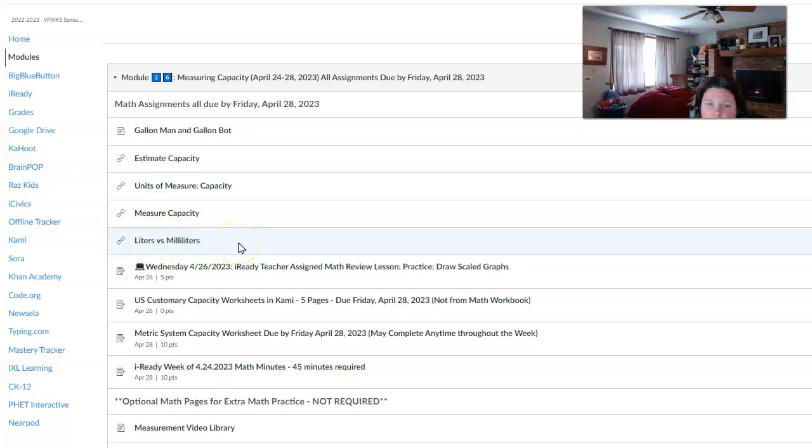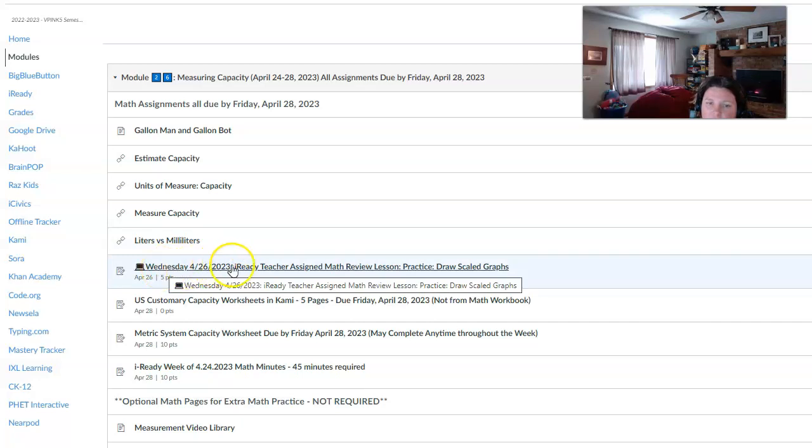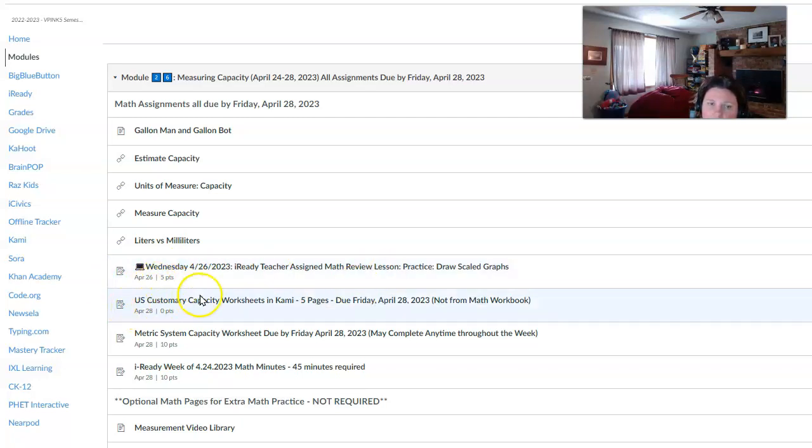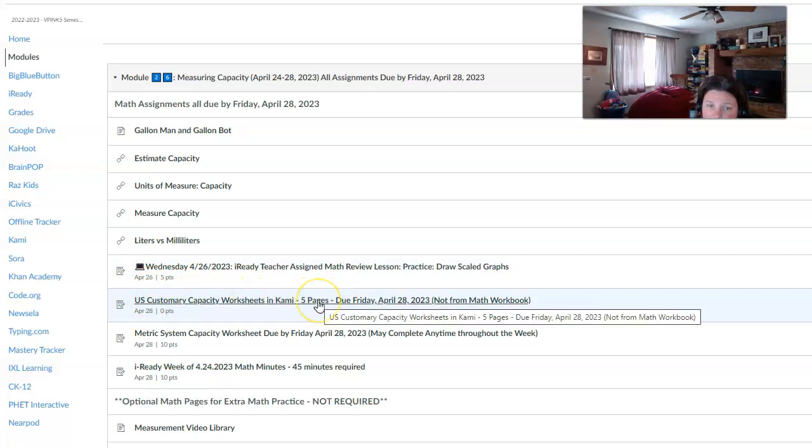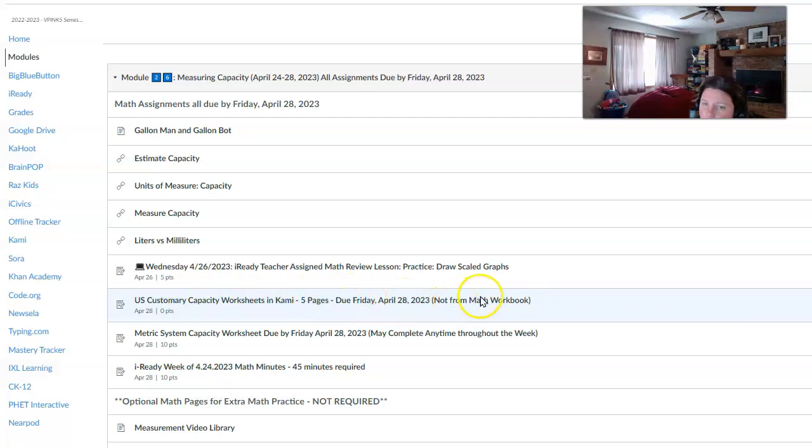The actual assignments that you'll turn in to me, Wednesday, there is an iReady teacher assigned math lesson. And it's okay if you do that anytime through the week. I know it says Wednesday, but you can complete that at any time. This U.S. customary capacity worksheets, this is a total of 5 pages due on Friday, not from the math workbook.